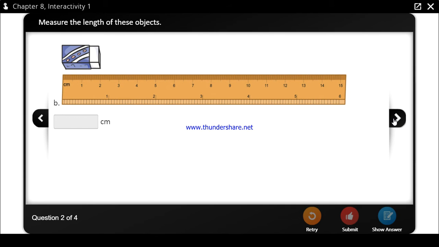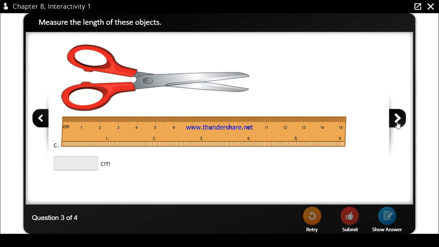And B, also measure the length of these objects. The eraser end point is 2 centimeter. So our answer is 2 centimeter. Then measure the length of these objects.